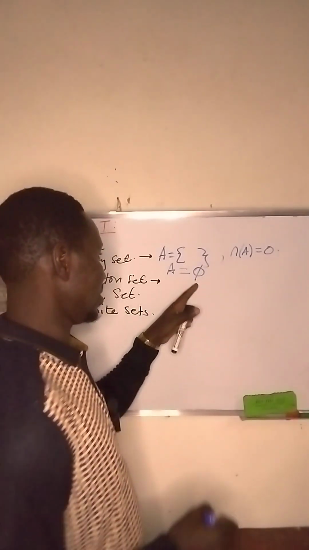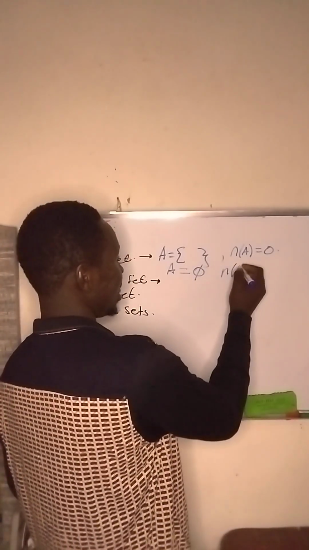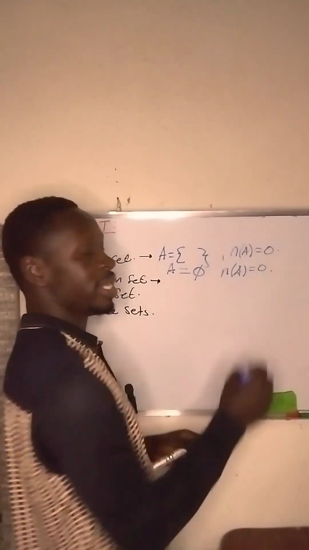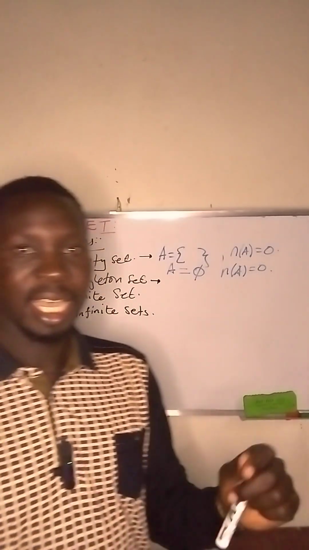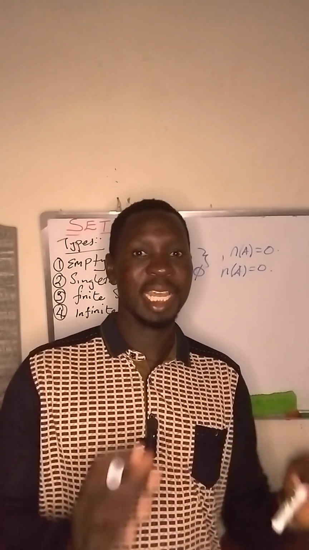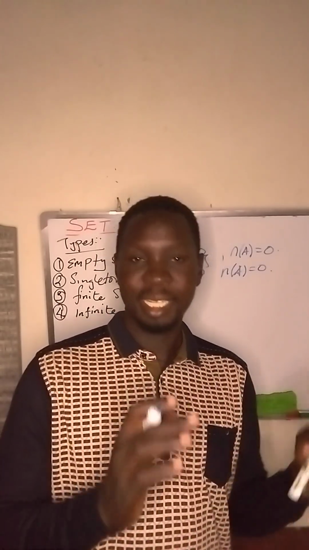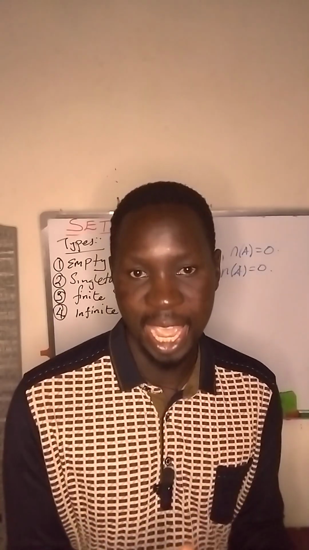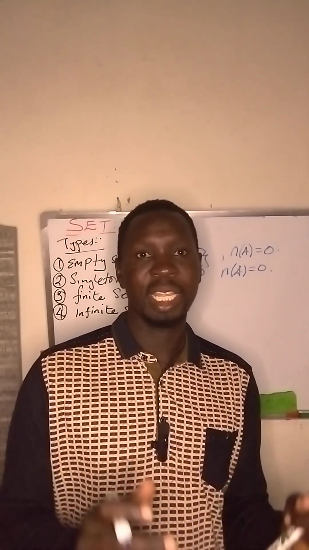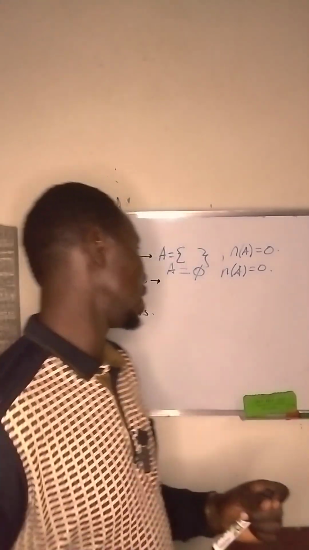And the number of members in set A is always 0 in what we call an empty set. As you hear the name empty, it means the members are not there. No members are there within what we call the empty set.